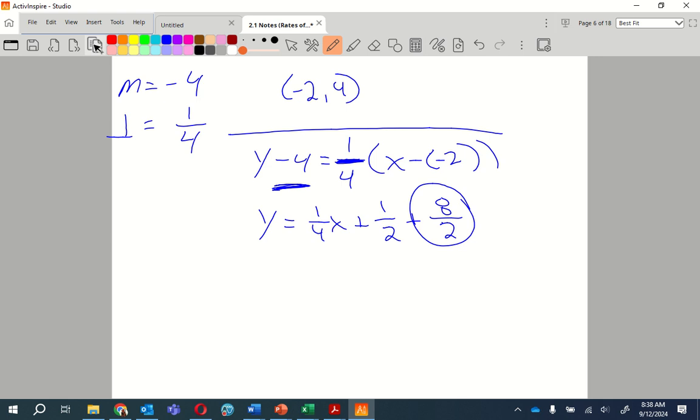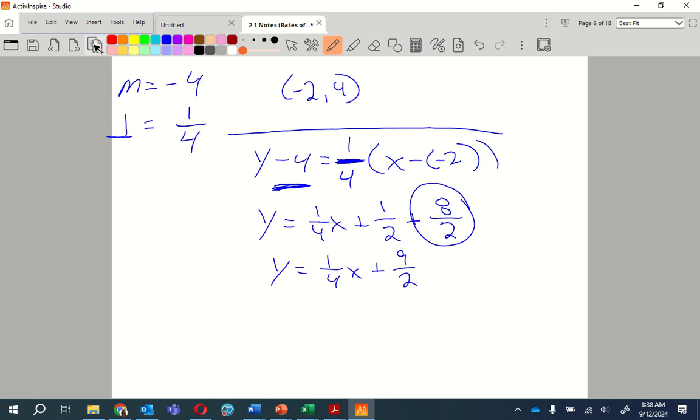When we do a whole bunch of crazy fractions later on, it's better to just keep them as fractions. Don't try to decimal them because your calculator does it for you. Fractions are a lot easier. So combine those. Y equals 1/4 x plus 9/2.